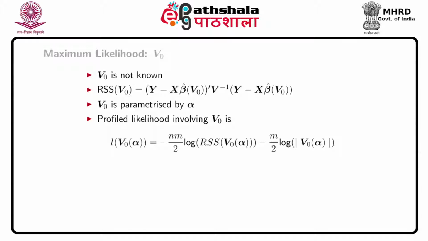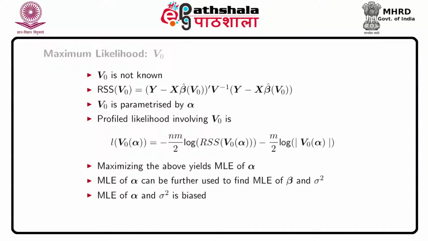If I write L V naught with a suffix P, the P suffix stands for profile. So what we get is called the profile log likelihood, and that is minus Nm by 2 log RSS V naught minus m by 2 log determinant of V naught. If we maximize the profile log likelihood, we get the MLE of V naught.